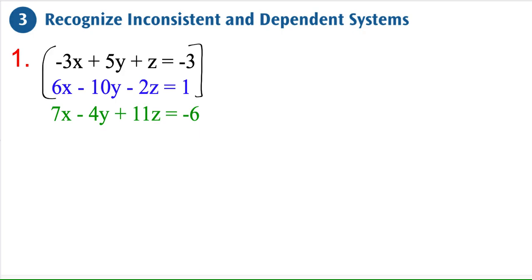Okay? So the top 2, it looks like we're going to multiply the top equation by a 2. And then I'm going to rewrite that off to the side. Okay, so after we multiply that by a 2, you double check to make sure your numbers are right. That way you don't make mistakes.